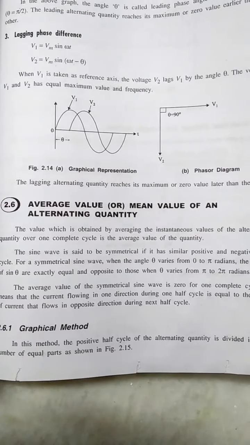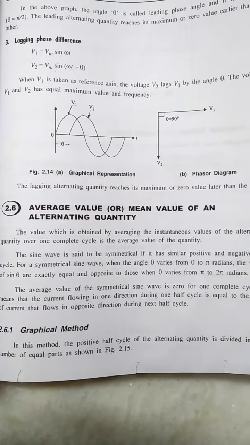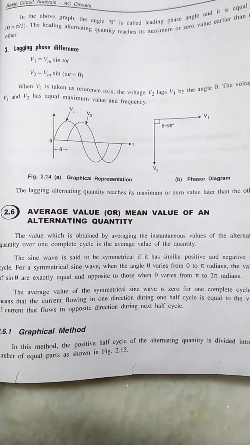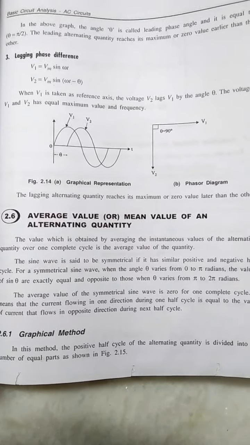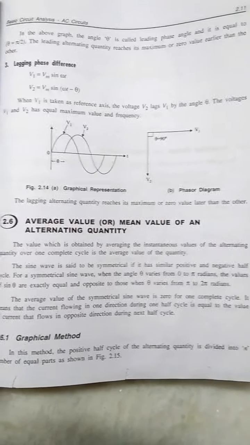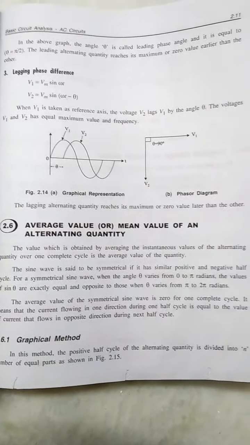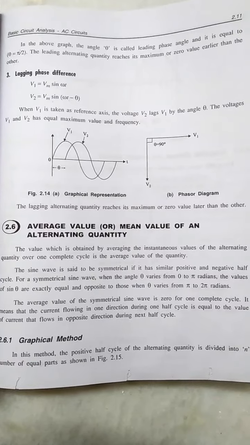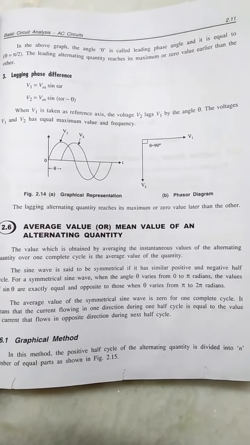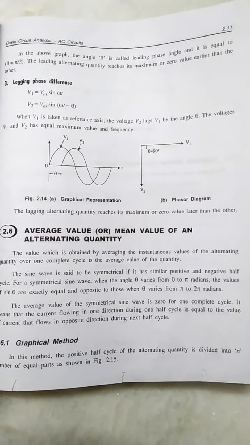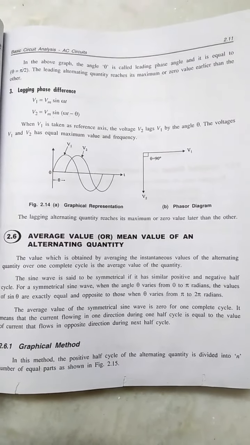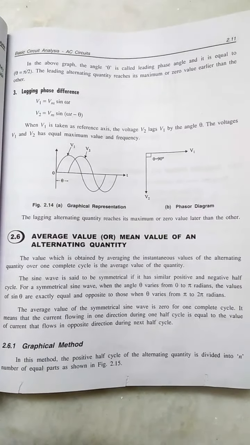Next, we will see what is the average value or mean value of an alternating quantity. The value obtained by averaging the instantaneous values of the alternating quantity over one complete cycle is called the average value of the quantity. The sine wave is said to be symmetrical because it has similar positive and negative values in the cycle.